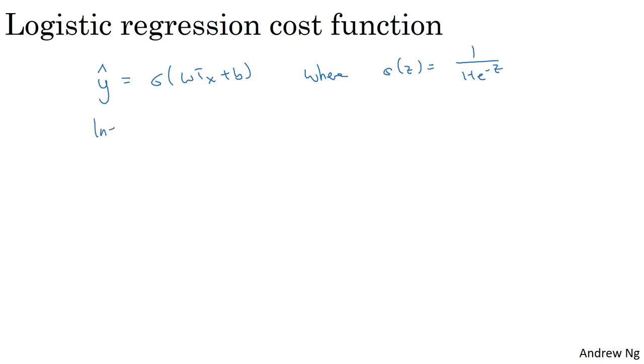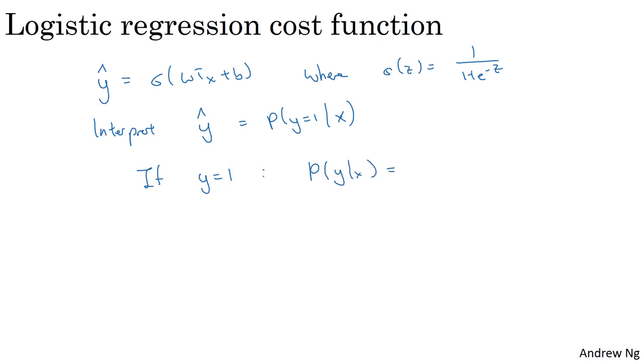And we said that we want to interpret y hat as the probability that y is equal to 1 given x. So we want our algorithm to output y hat as the chance that y is equal to 1 for a given set of input features x. So another way to say this is that if y is equal to 1, then the chance of y given x is equal to y hat.